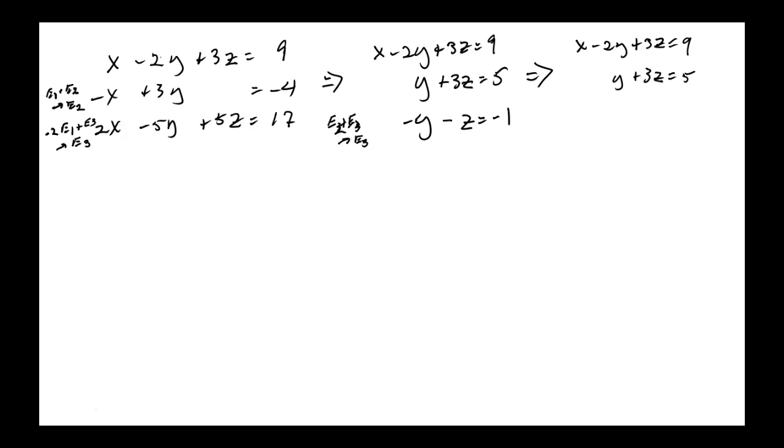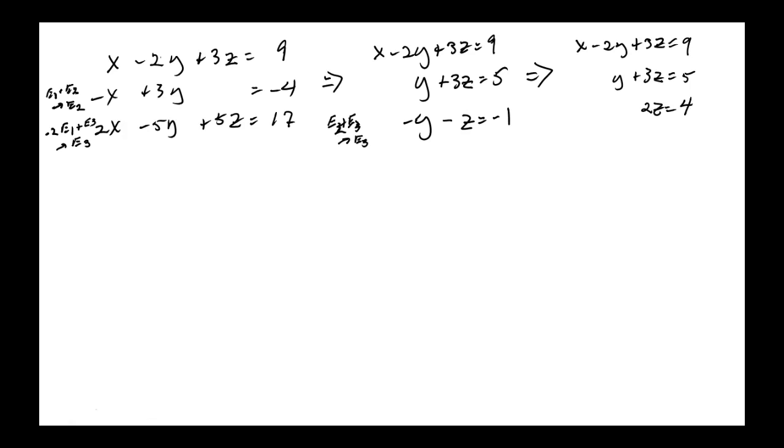Oh, yeah, we're right. You would have an x, you wouldn't have a y, and so you wind up with 2z is equal to 4. Okay. So far, so good.